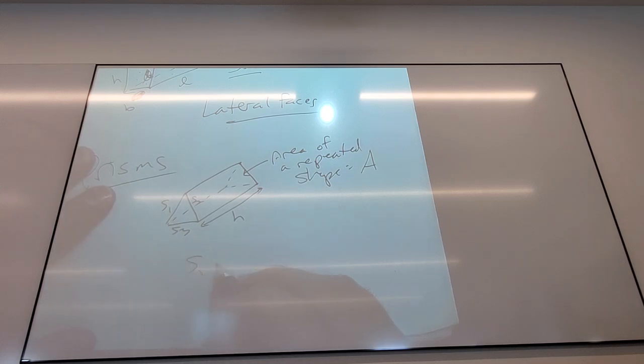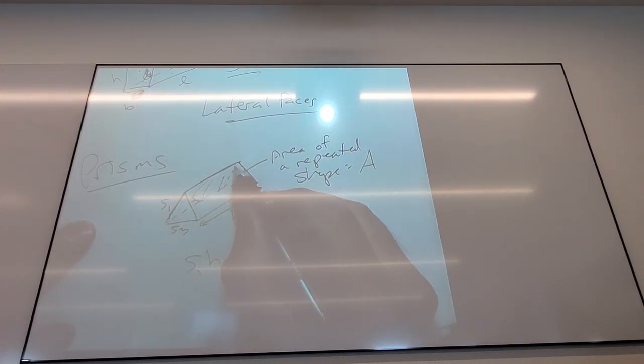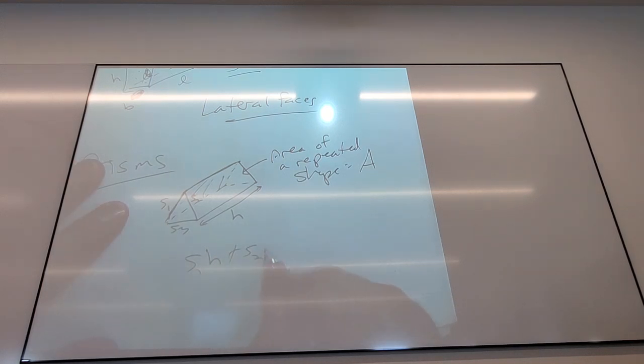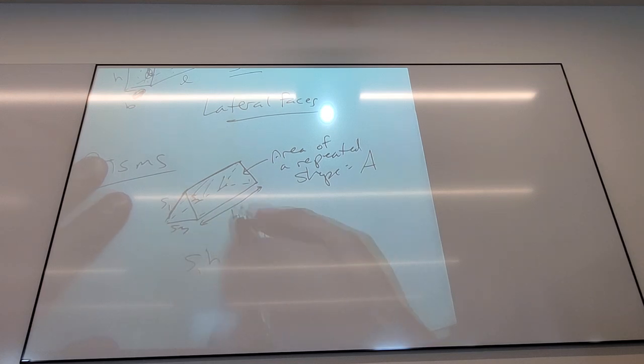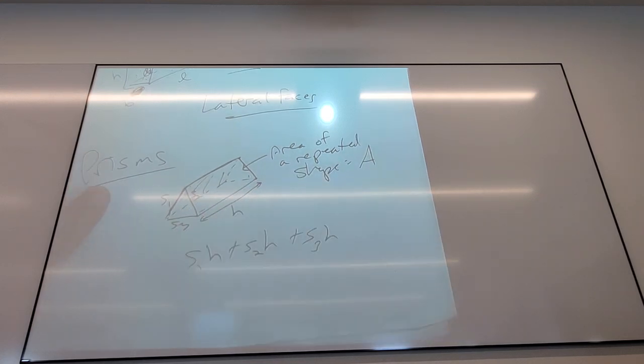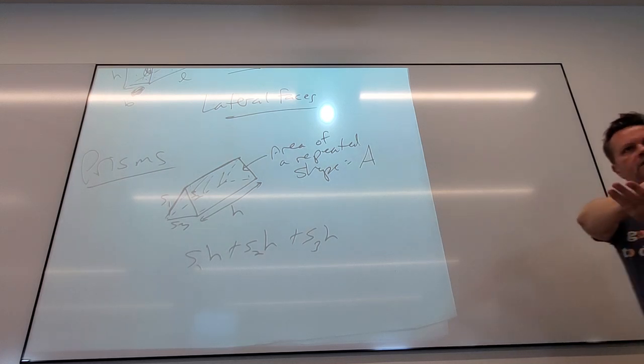If I take side 1 times the height, that's going to be the area of the back rectangle, is that cool? Side 2 times the height is the area of this front rectangle. And side 3 times the height is the area of, in this case, the base rectangle, yes?